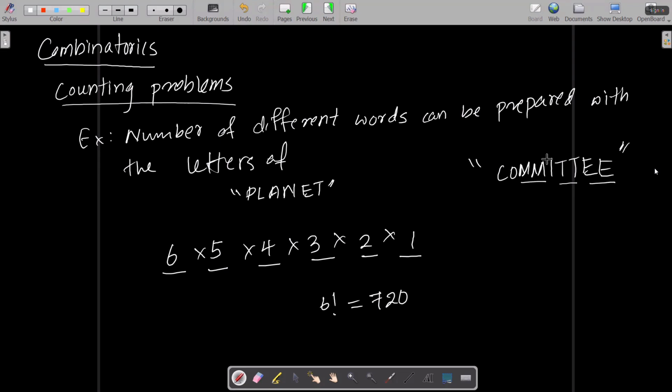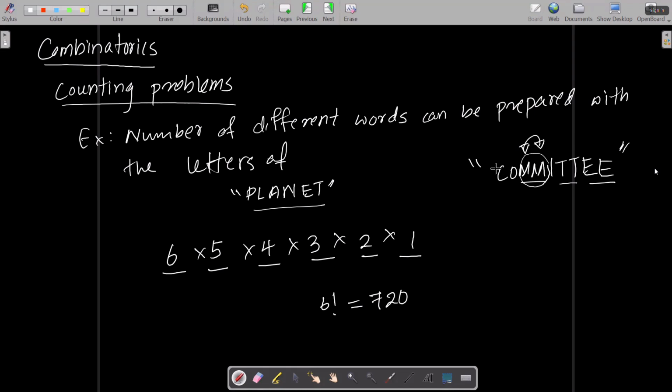Now, when we did the previous one, we were treating all the letters as distinct. But let's say we have this word committee, and we exchange these 2 letters. It will not make any difference. We will have the same word again.